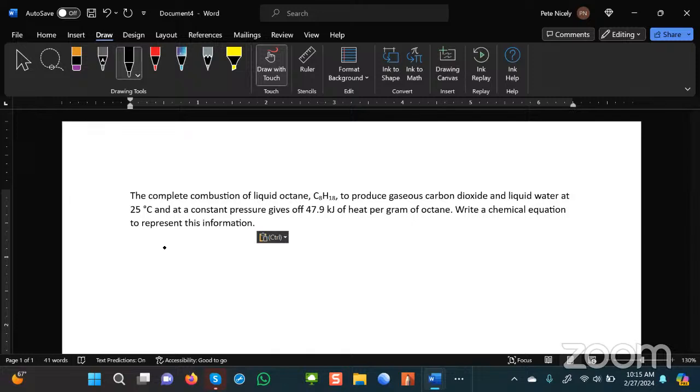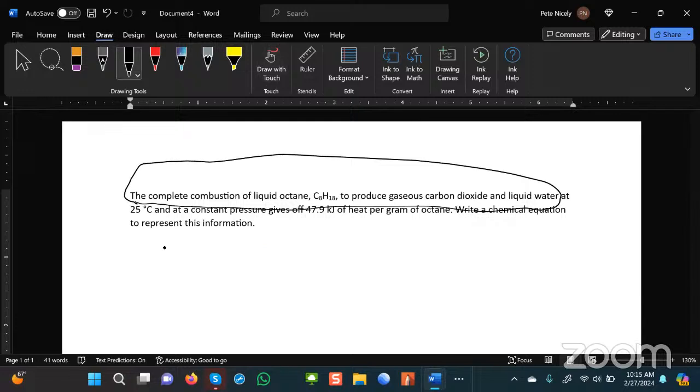You'd write something based on the information that I'm circling right now. The equation. Right, okay, very good. So what would be the reactants based on what I circled?